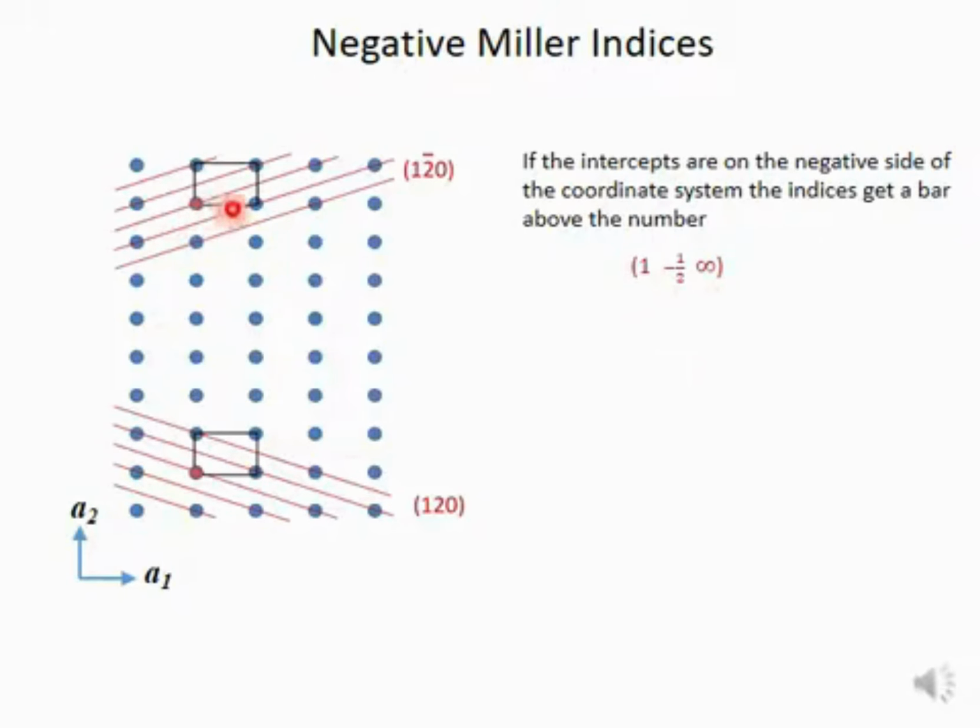The third one goes to infinity. Taking the reciprocal and the LCM gives 1, minus 2, 0. Minus 2 can be represented by 2 bar. So 1, 2 bar, 0 are the Miller indices.